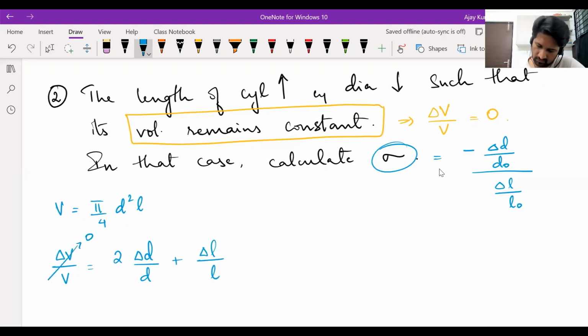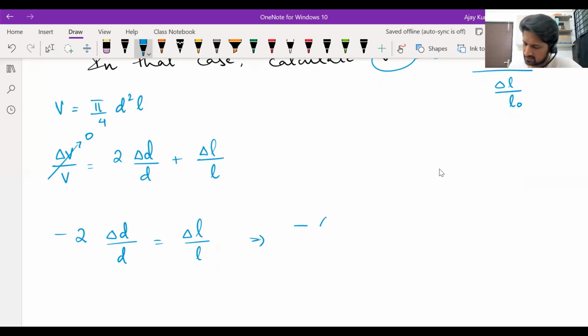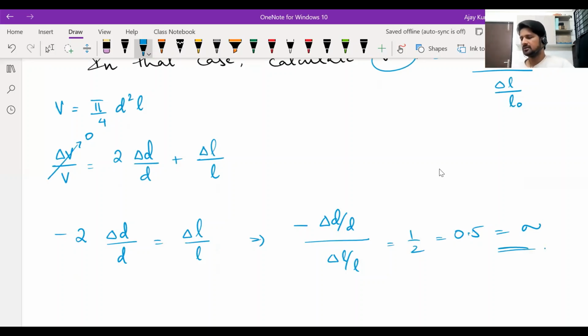This is 0. Send delta D by D to the other side. So minus 2 delta D by D is equal to delta L by L. Now send the 2 this side, delta L by L that side. Minus delta D by D, whole divided by delta L by L, simply becomes 1 by 2. That is 0.5. And this by definition is the Poisson ratio. Simple.